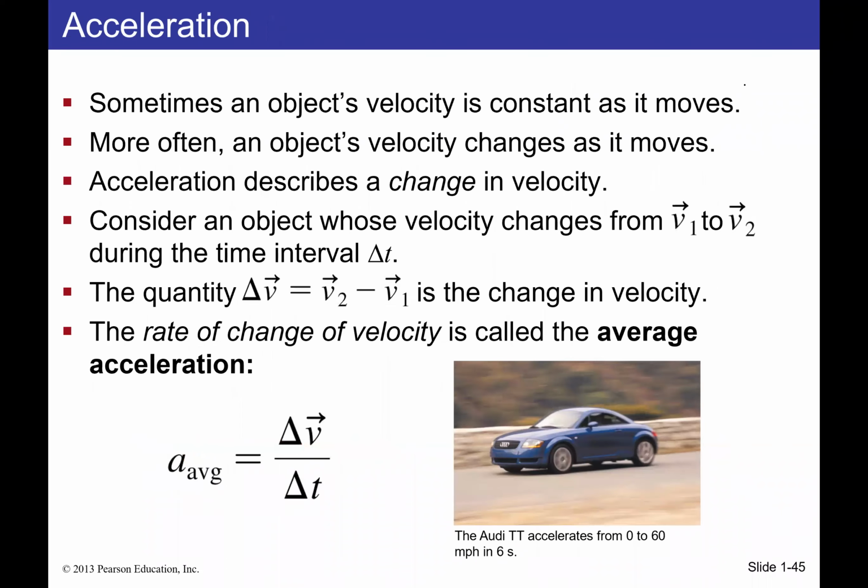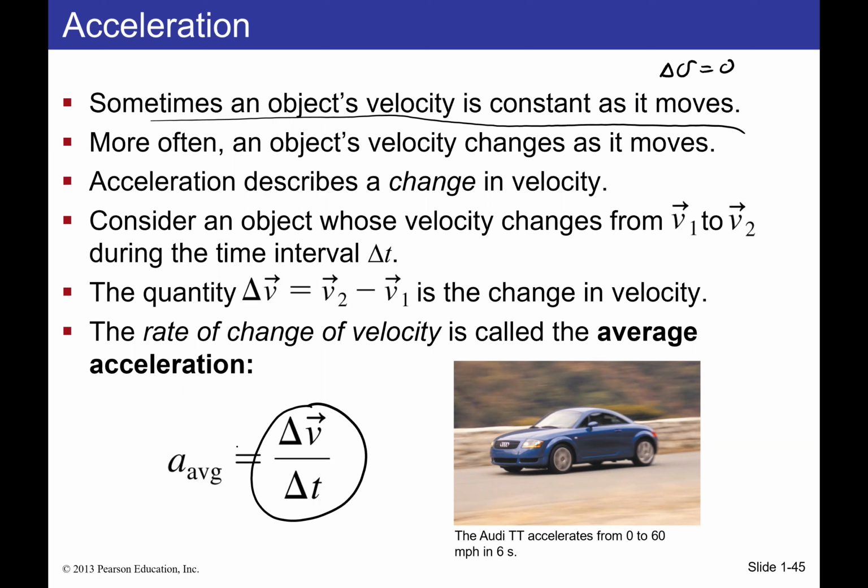So what we do here is we talk about when the object's velocity changes as a function of time. Remember, sometimes the object's velocity is constant as it moves. When it's constant, then delta V is 0. There is no change in velocity. But when the object is actually changing velocity, either increasing or decreasing, either way, this ratio is non-zero.